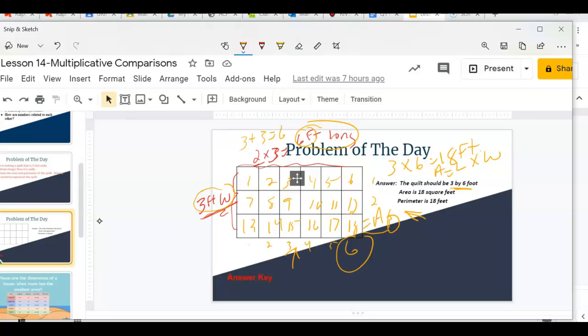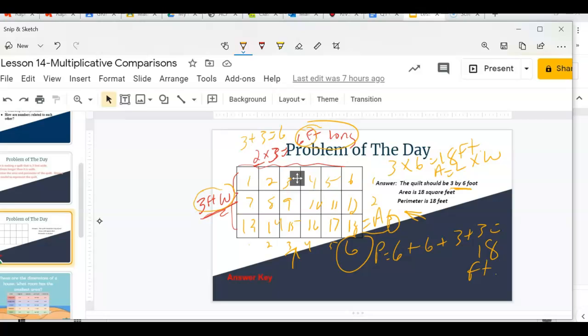The top is going to be the same as the bottom because it's a rectangle, and this side is going to be the same as this side. Okay, so you've got 6 plus 6 plus 3 plus 3. We've got 12 plus 3 is 15 plus 3 more is 18. So we got 18 feet for the perimeter.